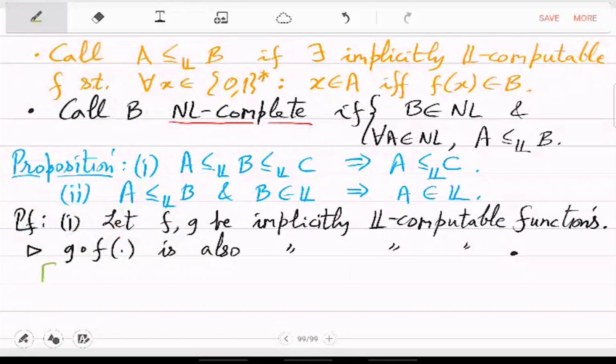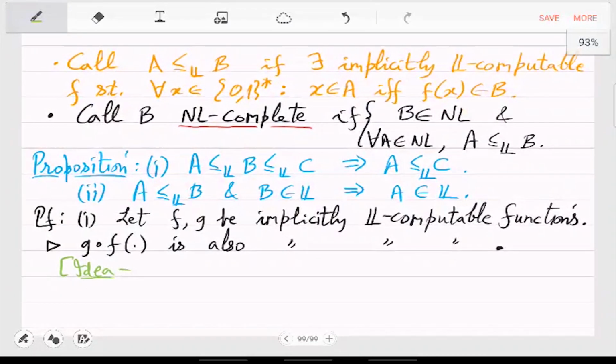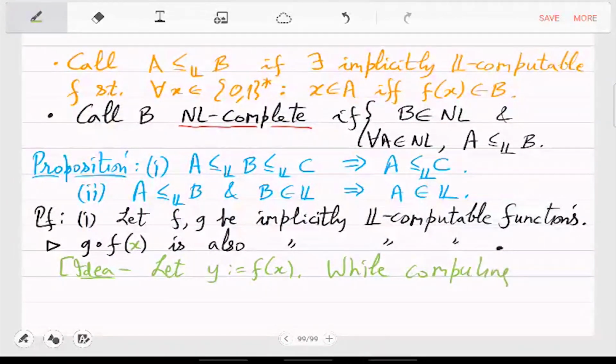So, the proof for this is: while computing g of f of x, or I should say while computing g of y, whenever you need y_i, do the f of x computation.